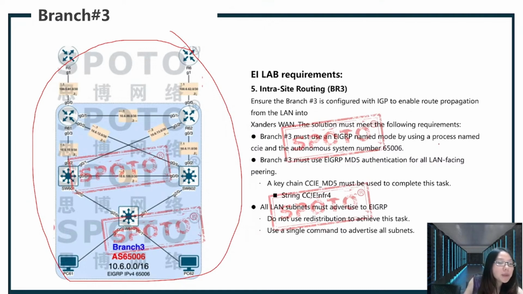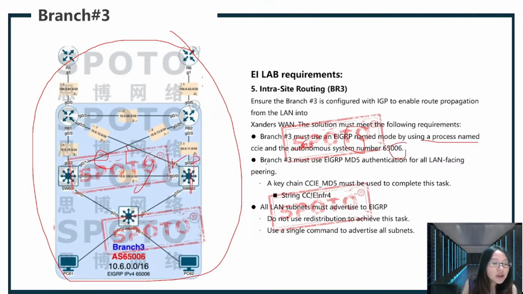Branch 3 must use EIGRP. This branch uses EIGRP named mode by using a process name CCIE, and this AS number is 65006.